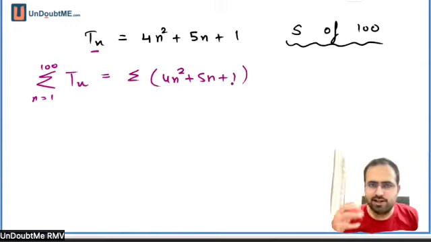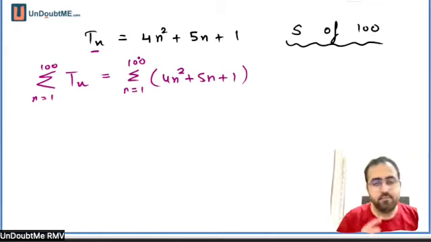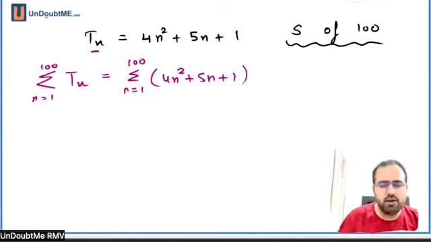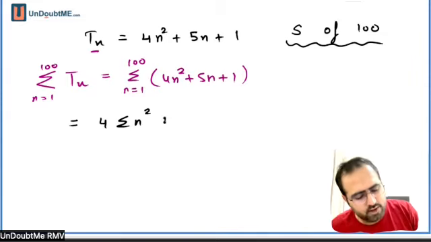This sigma limit will change from question to question. Right now it is n equal to 1 to 100. From the next step onwards, you need not write the limits for sigma. We can write it like this: 4 times sigma n square plus 5 times sigma n, and the last one is sigma 1.